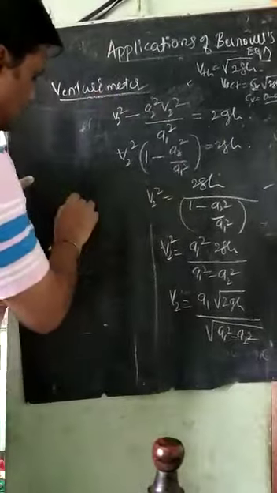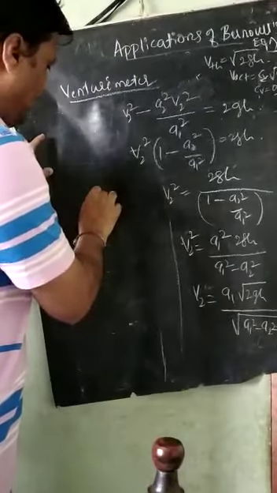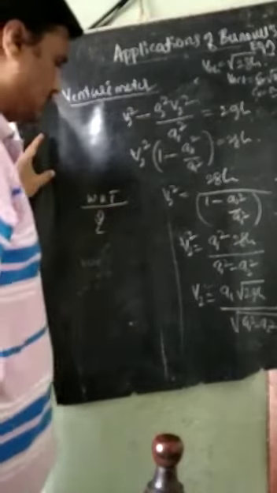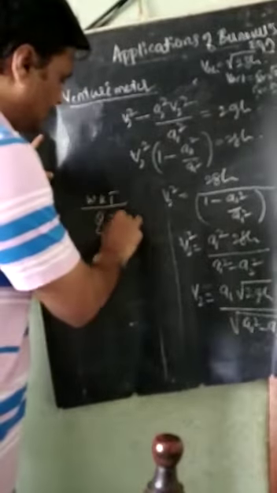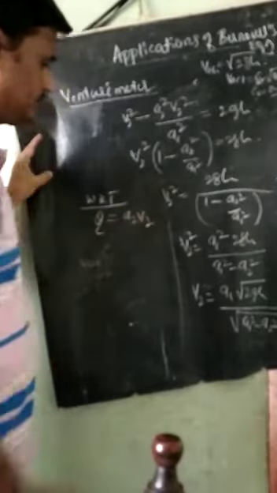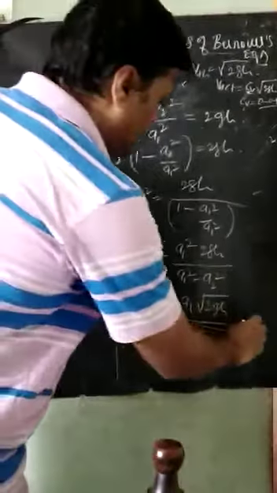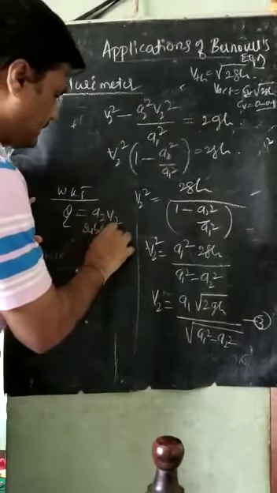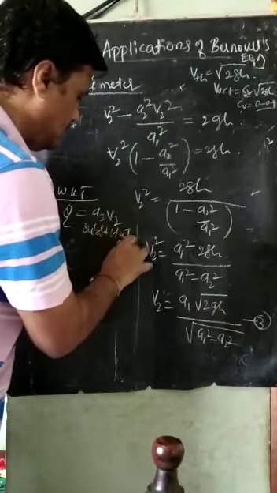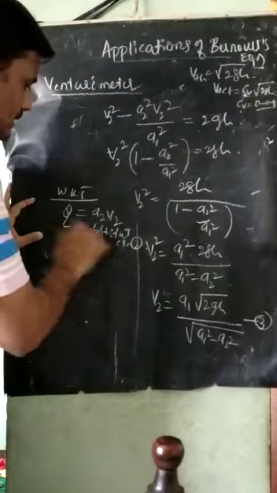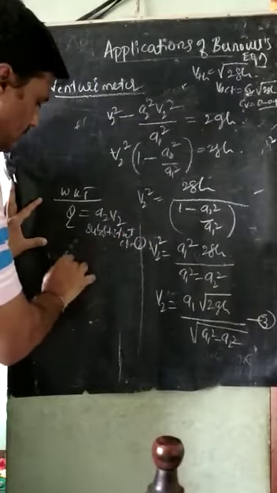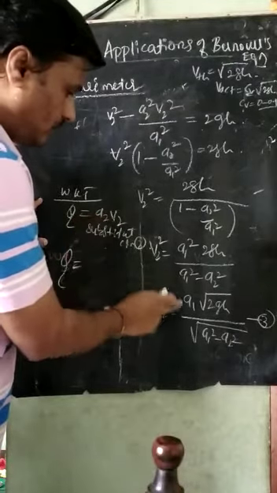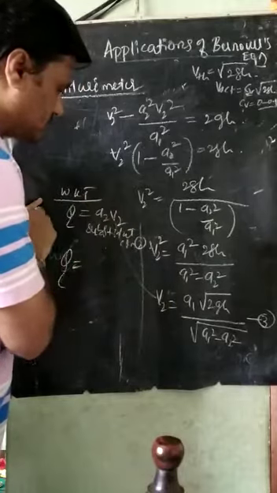We know the volumetric discharge is equal to A2 into V2. Then substitute equation 3 here: A2 as it is, and V2 substituted.